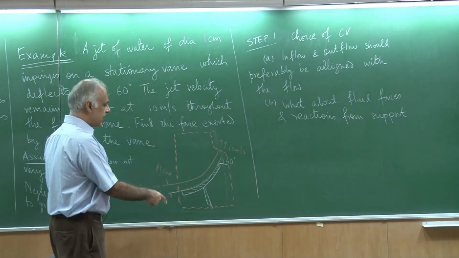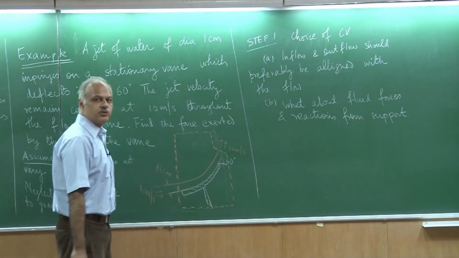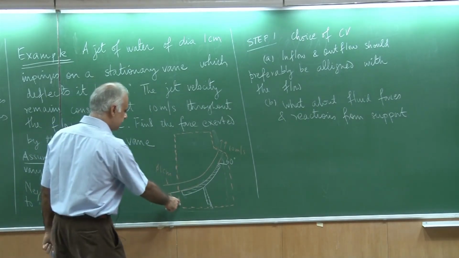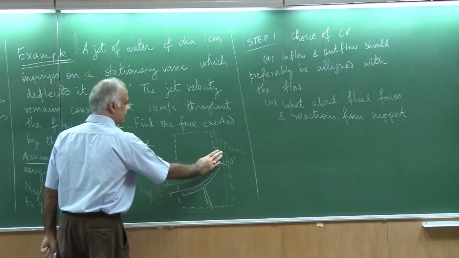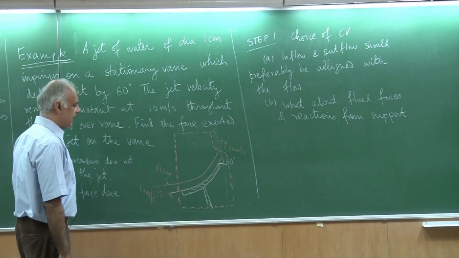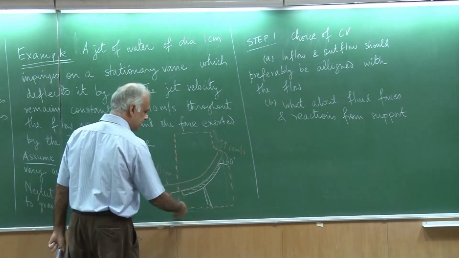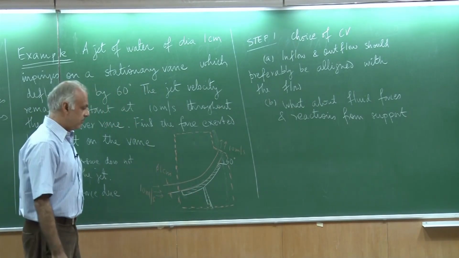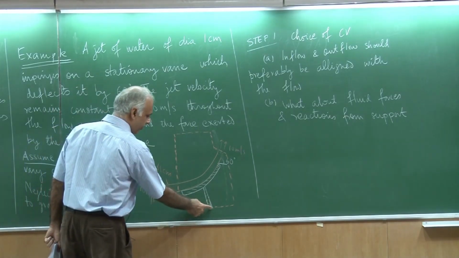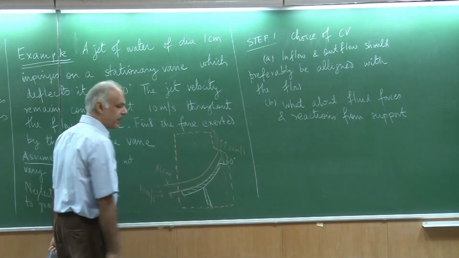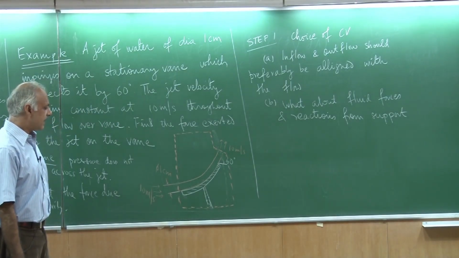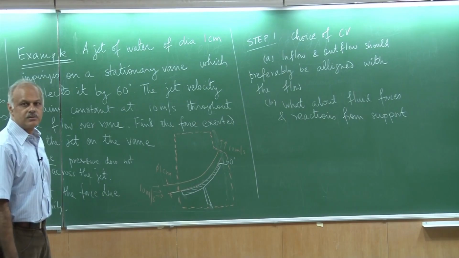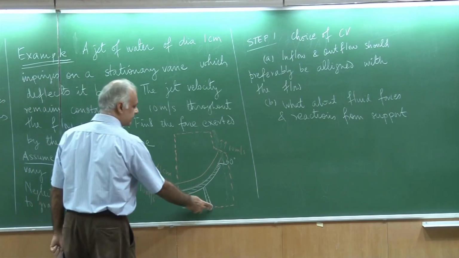If I choose a control volume the way that I have shown here, flow is going in, some flow goes out, and in fact I have sliced the support. So the force acting on the control surface at this point would appear as a force that acts on the control volume. So I'll have to account for it.